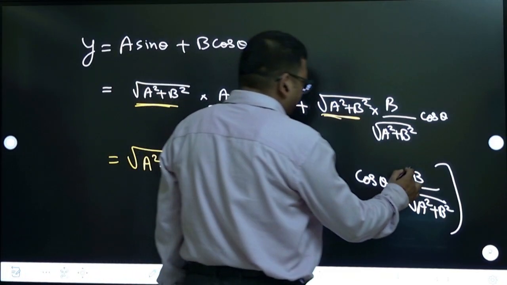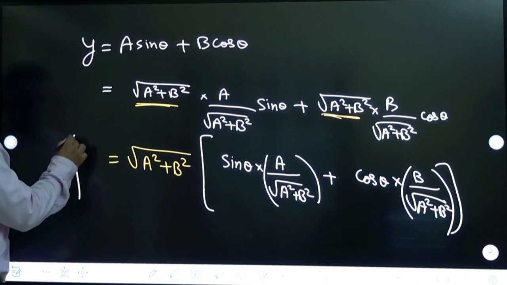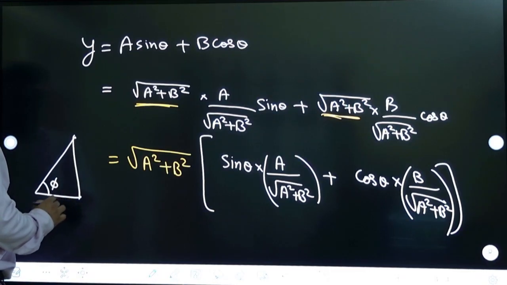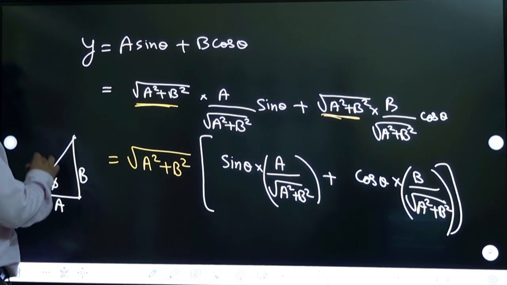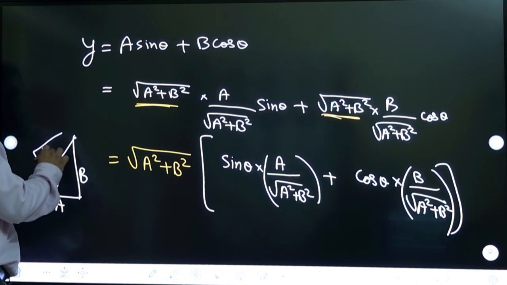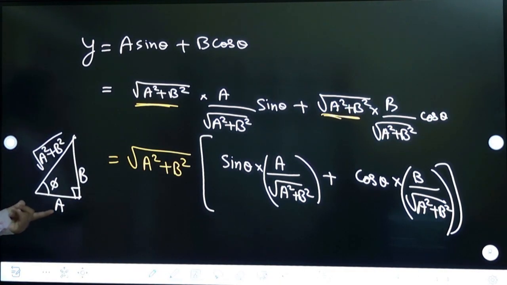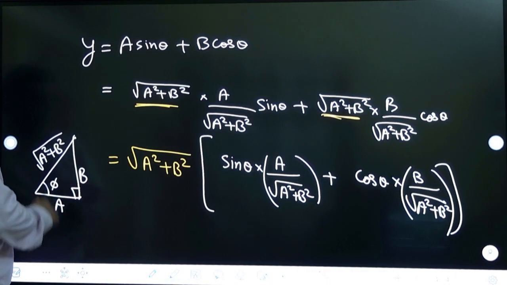Okay. Now you have to understand one thing: suppose I draw a triangle with angle phi, and this side is A and this side is B, then this is the hypotenuse root under A square plus B square. This is 90 degree. Correct? We can take a triangle, one side A, another side B, and this is the hypotenuse root under A square plus B square. Now tell me, what is A by hypotenuse?